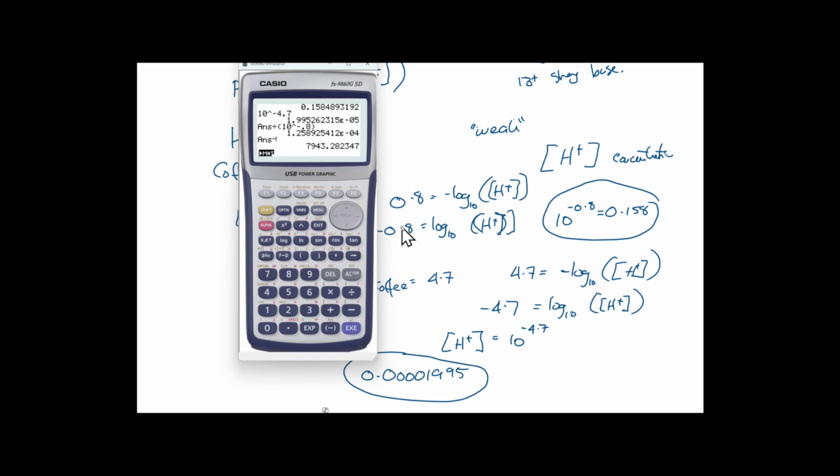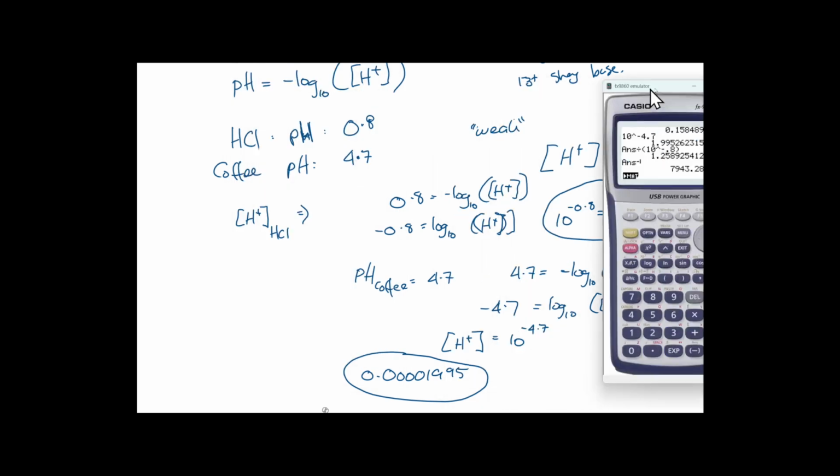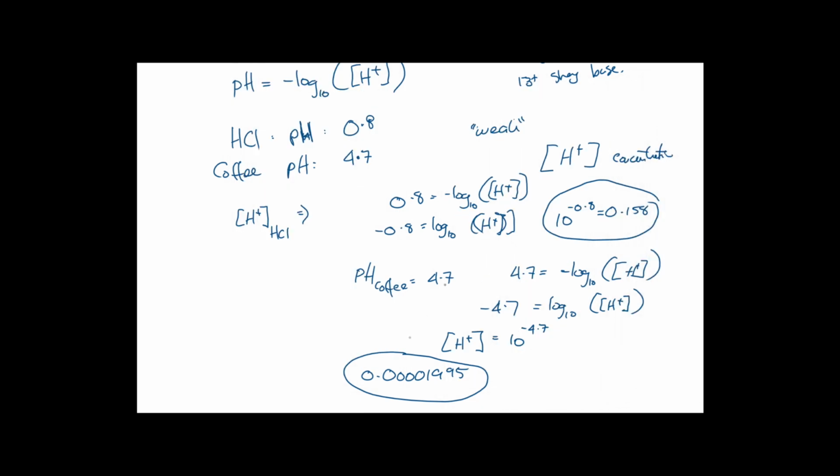So that tells us that in hydrochloric acid the concentration of hydrogen ions is 7,943 times greater. A lot. So with hydrochloric acid, you want to avoid it at all costs. You wouldn't even make it until you really needed to use it. Whereas coffee, you can guzzle it all day, and I know that I do.